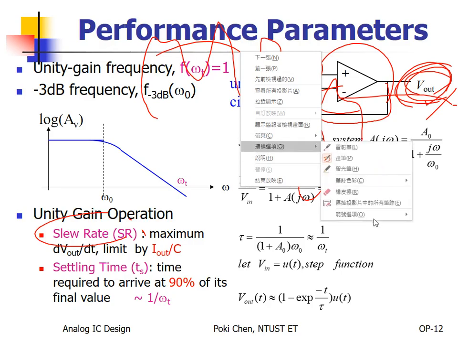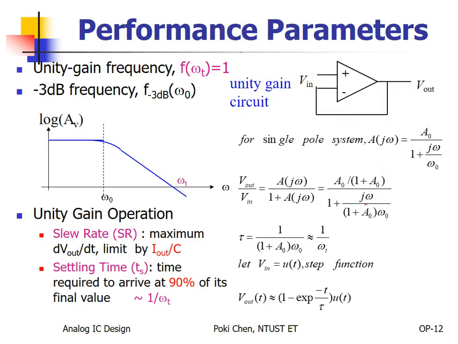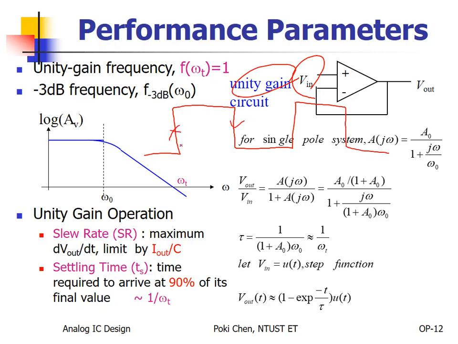Especially, what is the most challenging one? For example, if you have a pulse input or square wave like input, the rising edge or the falling edge is perpendicular to your low or your high levels.